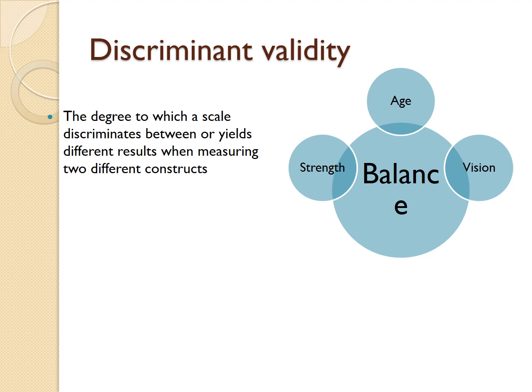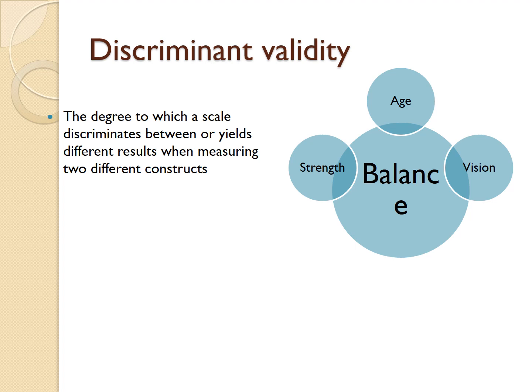The basic difference is that convergent validity tests whether the constructs that you're trying to measure and you think are related are actually related. Discriminant validity tests whether the believed unrelated constructs are in fact unrelated.